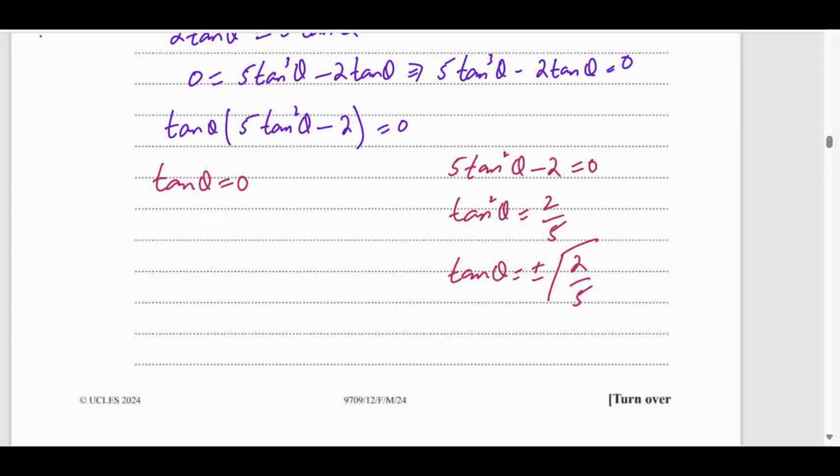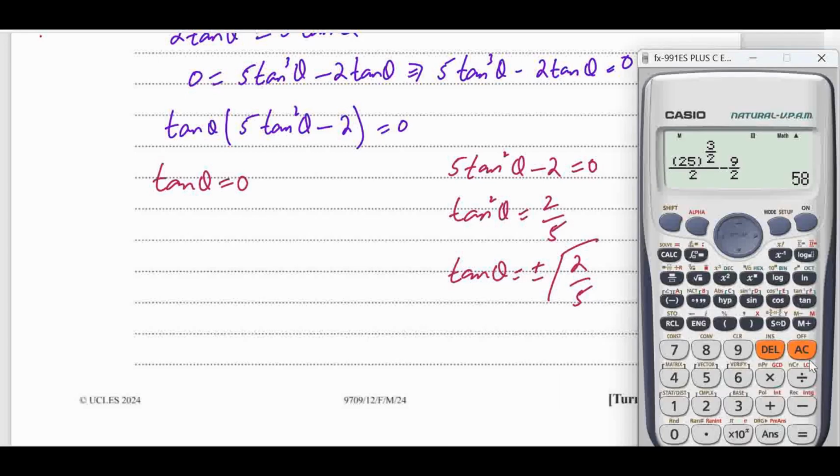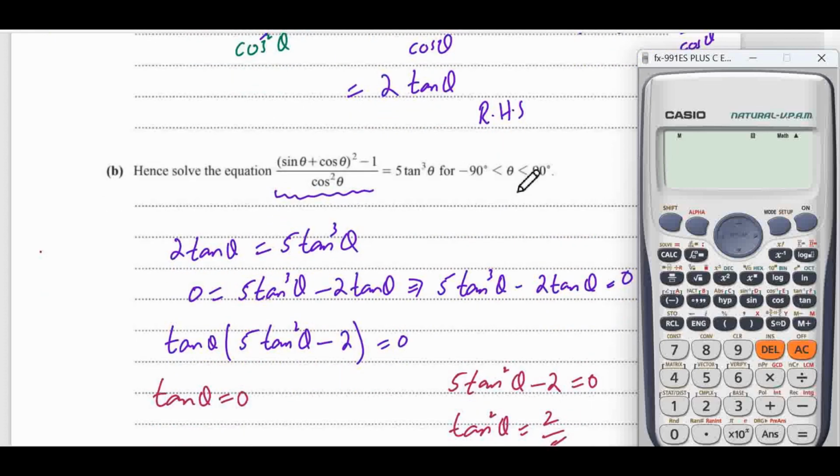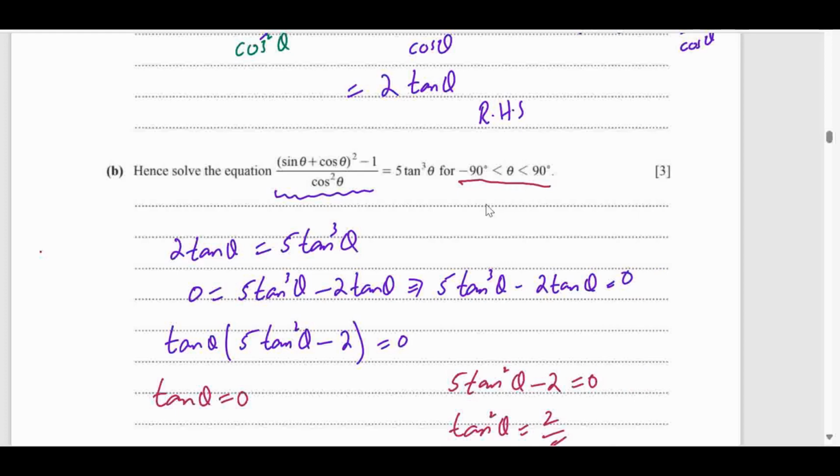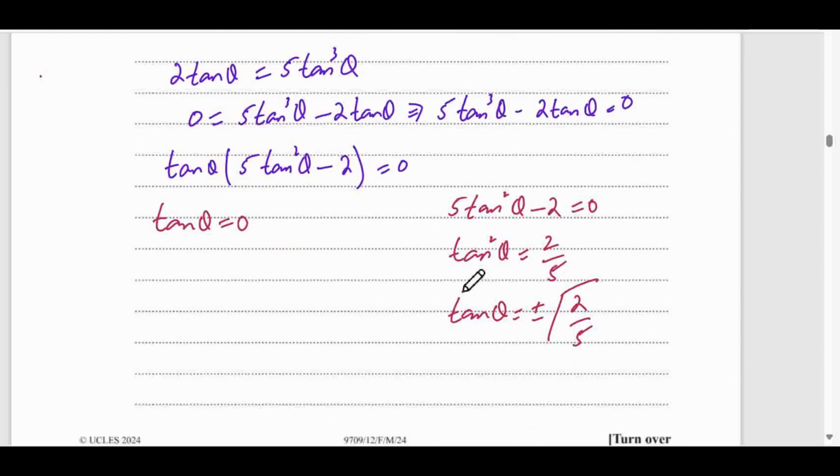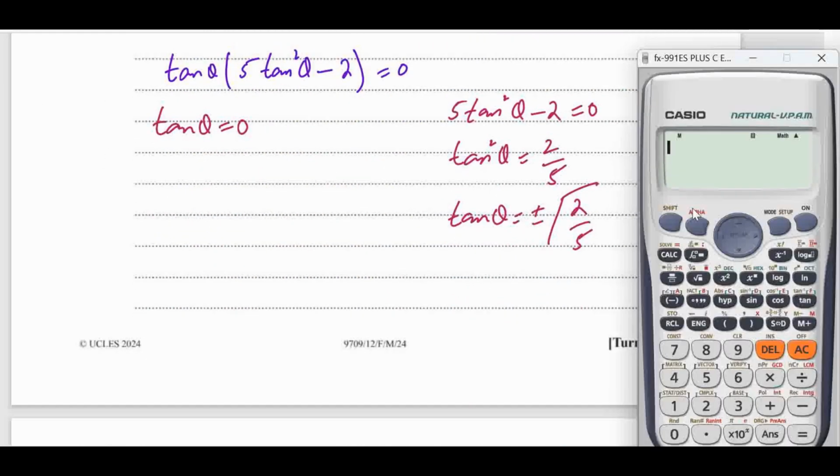Now let's find the values, and the second thing is that the calculator must be in degree mode because the range is in degrees. So just converting the calculator into the degree mode.